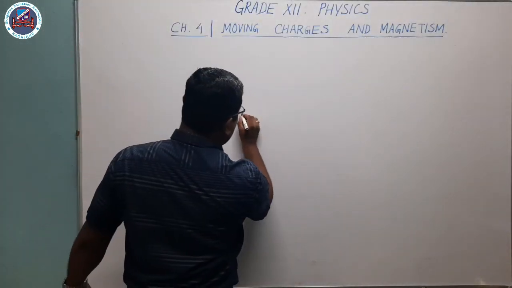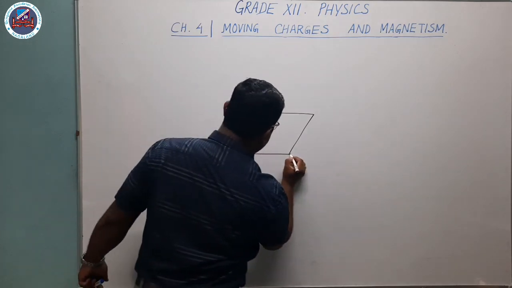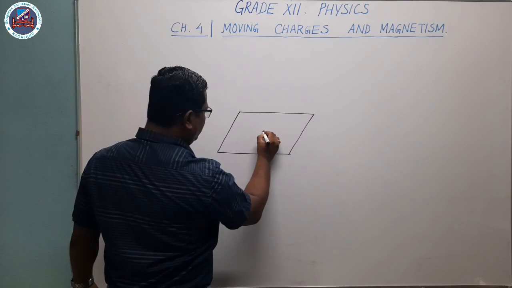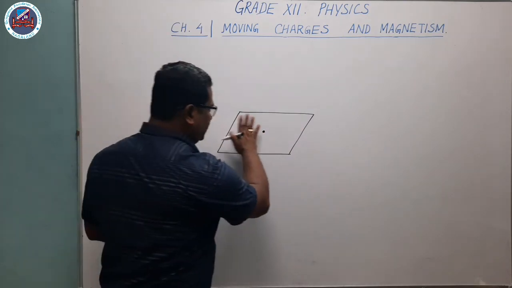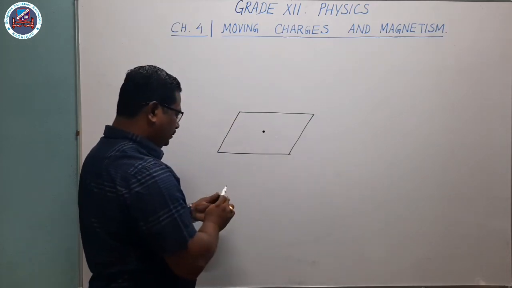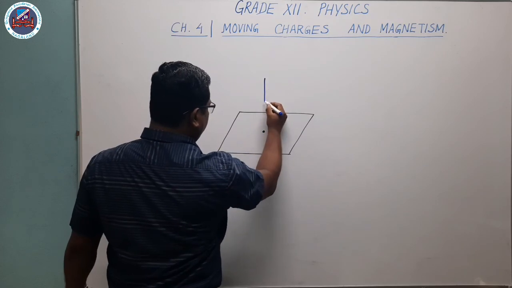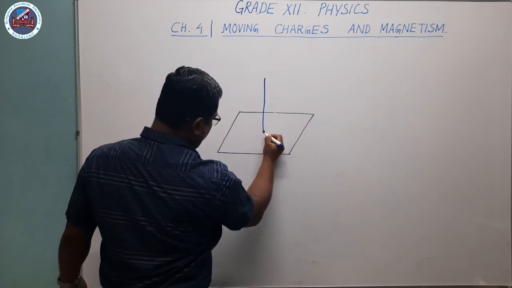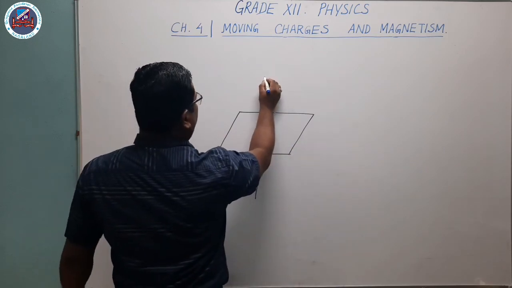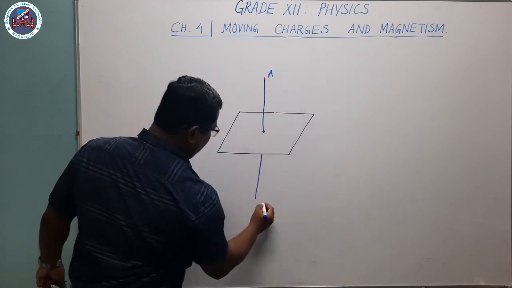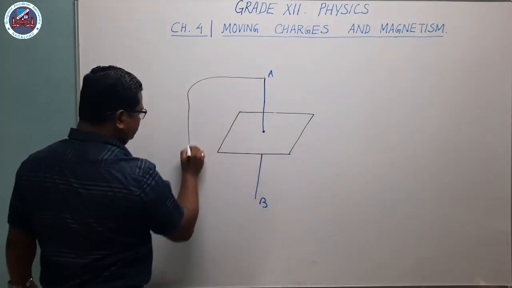Take one hard sheet of paper, the cover of your notebook, make one small hole in it, paste a white sheet of paper on top of it, and take your straight conductor, allow it to pass through this hole and come out this way. Then at these two ends, A and B, connect the conducting wires.